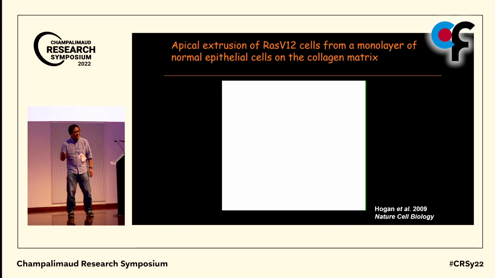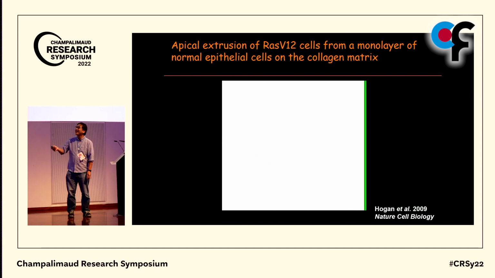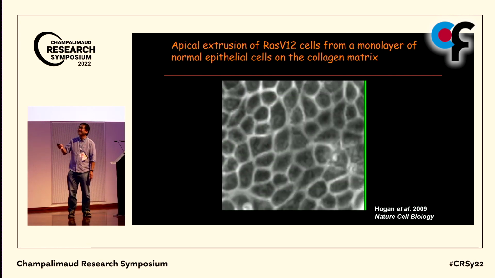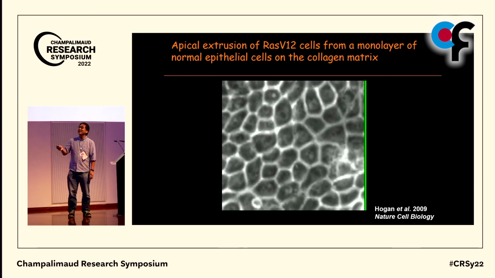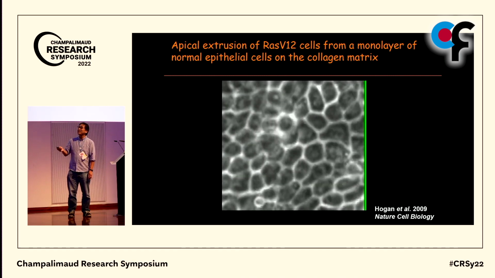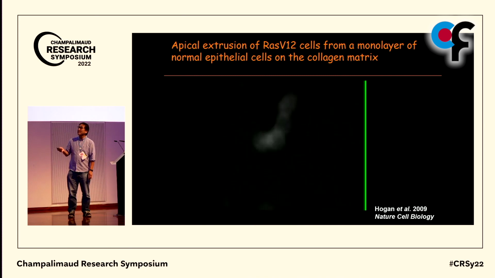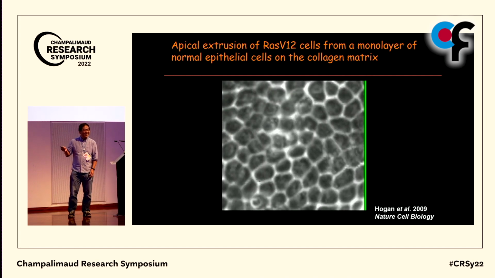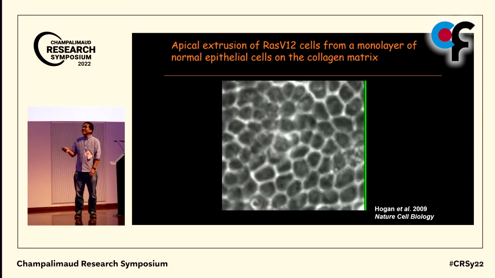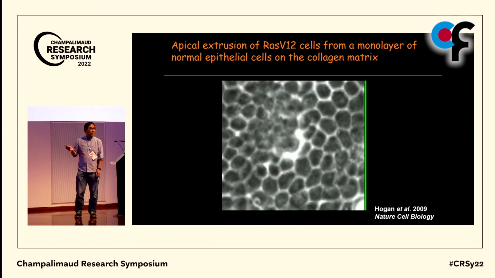Once more: this guy and this guy become a bit bad. And this bad guy looks okay, but now divides, 1, 2, 3, 4. Anyway, they will pop out from the society of normal epithelium.